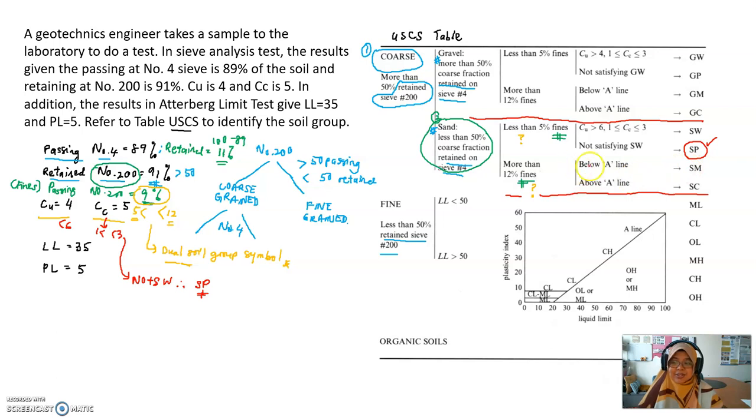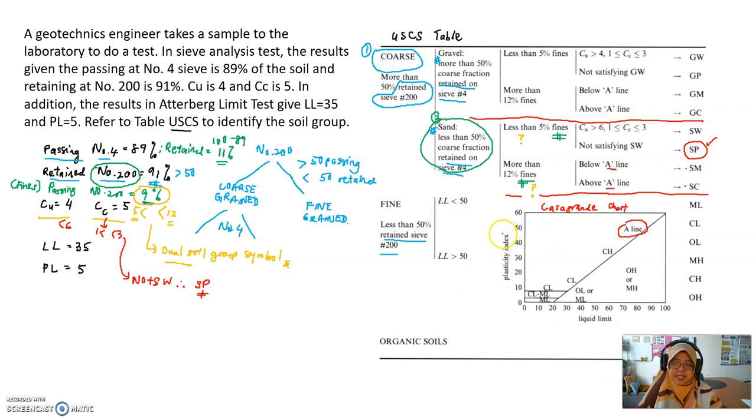Note that we have two other sandy groups to be matched, and we need to check whether the fines are below the A line or above the A line. How do we check? Note that this is the A line in the Casagrande chart, the plasticity chart.